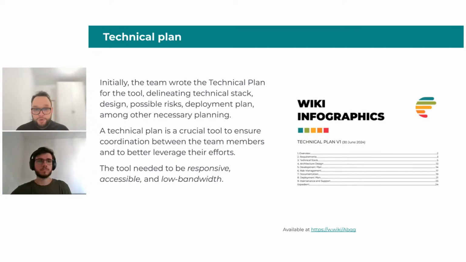So we wrote the technical plan for the tool with the delineation of the scope, the technical stack, the design for the tool, how it would work, the risk plan for if this goes wrong, how can we fix it?